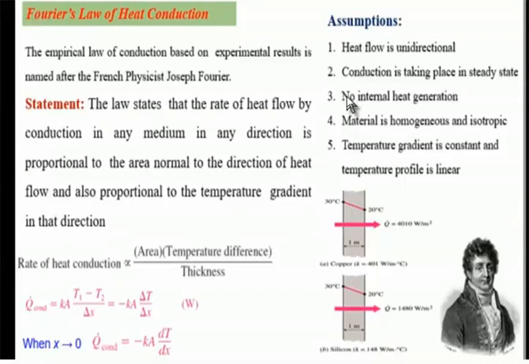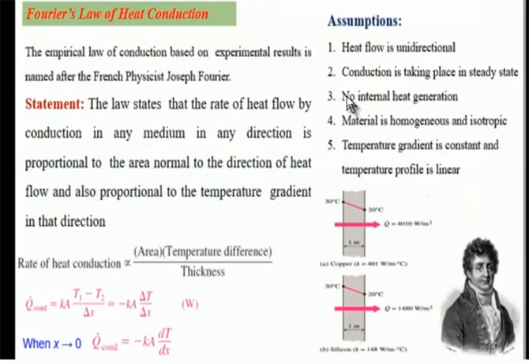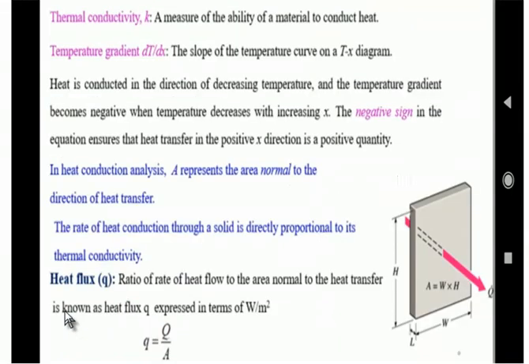Next, in conduction you take the thermal conductivity, which is represented with K. In the previous equations we have that K value here: K A delta. If you remove this proportionality sign, then this K is added. So that is the thermal conductivity. What is thermal conductivity?